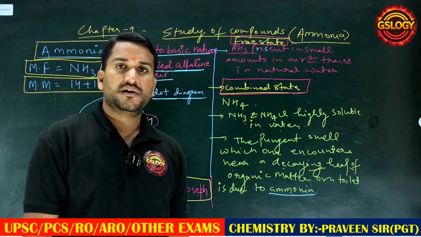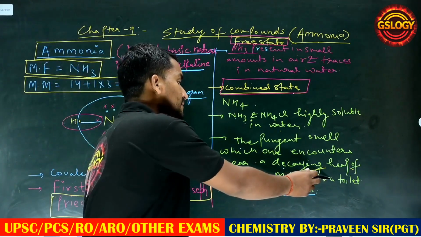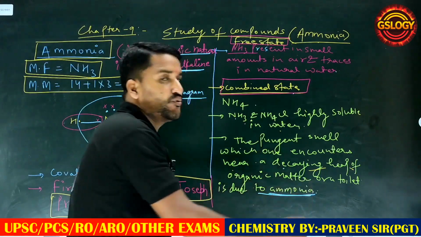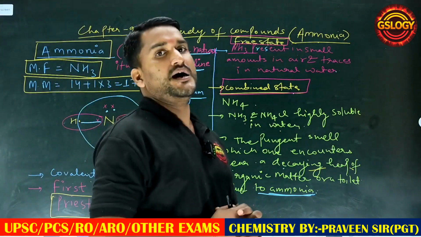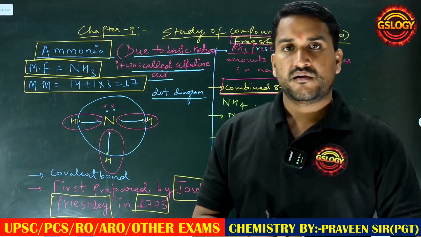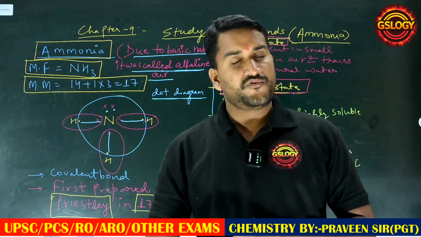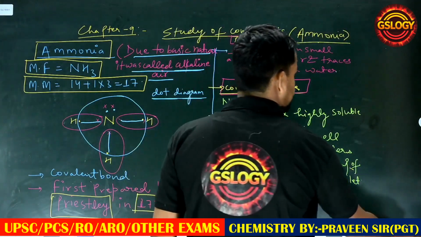Organic matter means dead decaying plants and animals, and ammonia is also present in the washroom of a toilet. Clear? So this is all about the occurrence of ammonia.